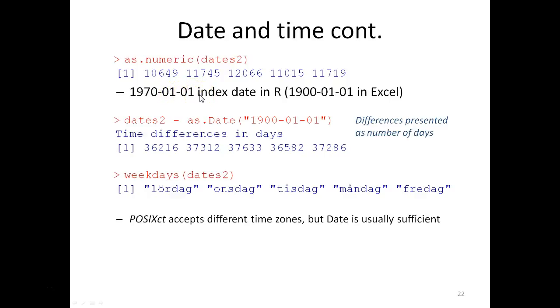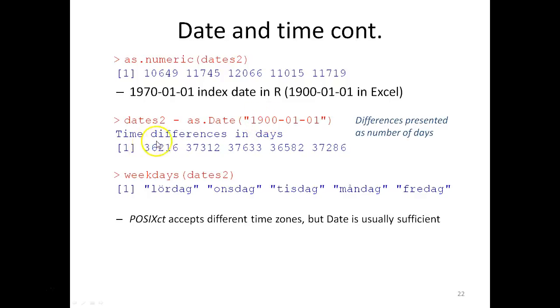And this is not the same in all systems. In Excel, for example, it's January the 1st, 1900 instead. So you get different numbers when you perform this in Excel. And if you try to subtract dates, in this example, we take the dates object and then we subtract another date, January 1st, 1900.